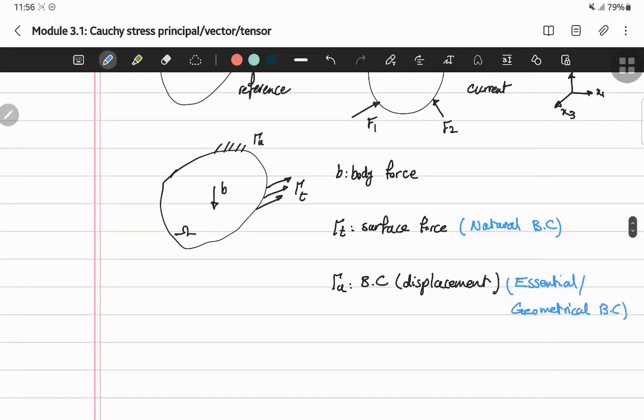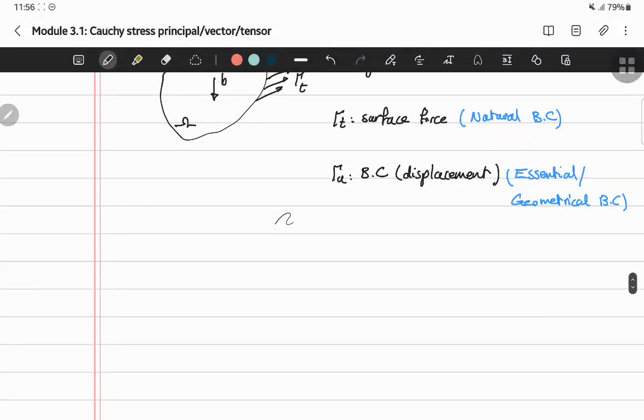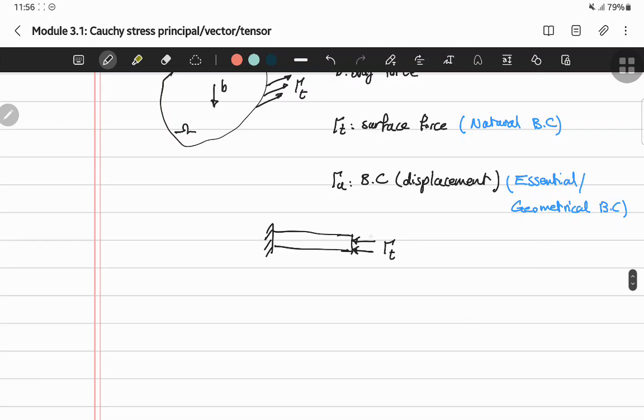So for example, if you have this cantilever beam in here, and you have this uniform kind of force in here, you have gamma t in here, so you have the surface forces here, and you have, let's say, your essential or geometrical boundary condition, gamma u, in here.